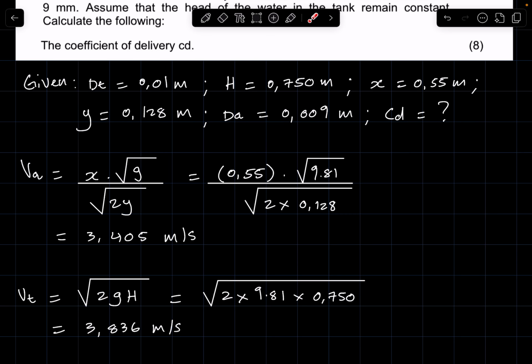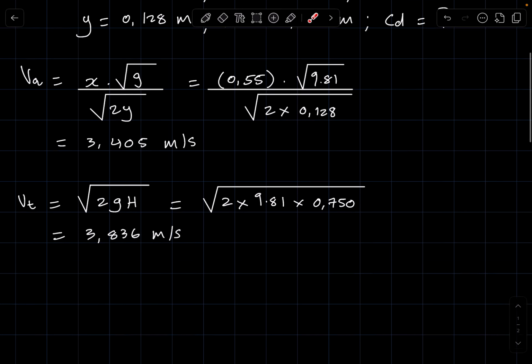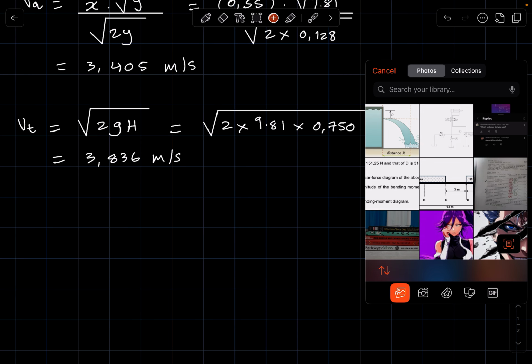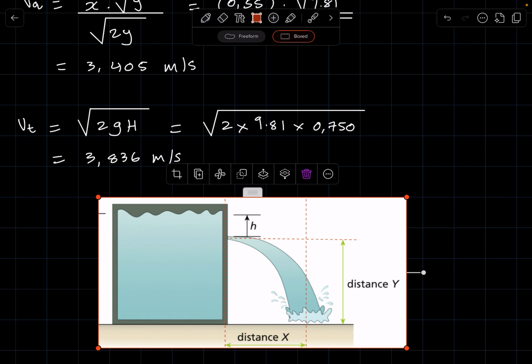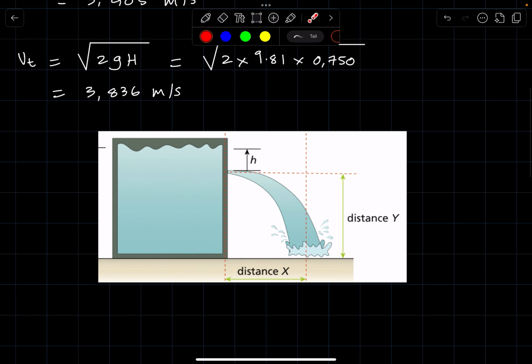There's a major difference between the two, which I explained in the beginning of this lesson. If we quickly go back to the schematic illustration of flow through an orifice, this here is our water jet.